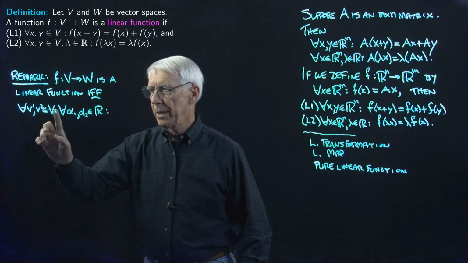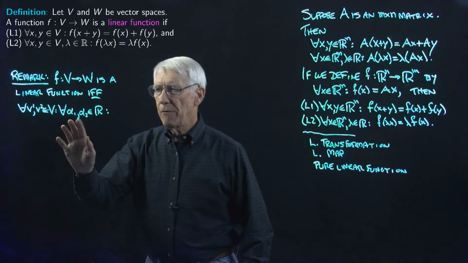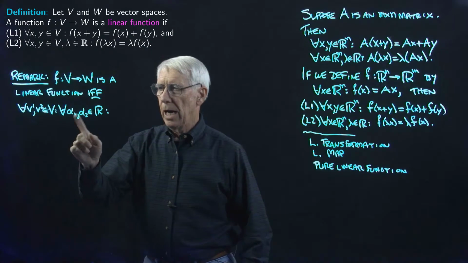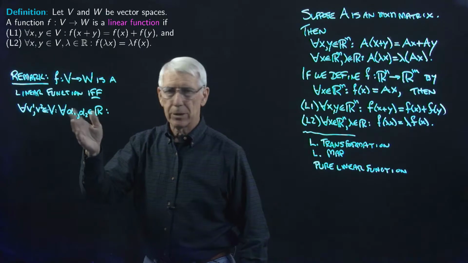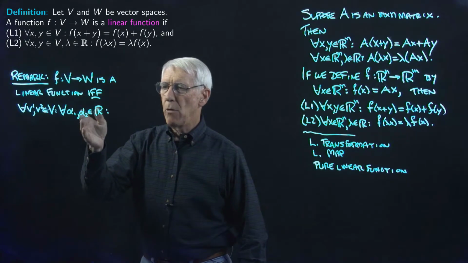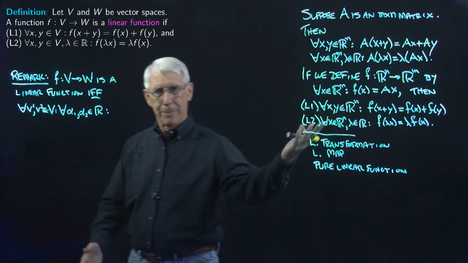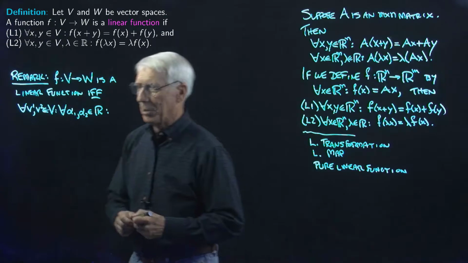So v super 1 is a vector in V, v super 2 is a vector in V. And I'm using alpha 1 and alpha 2 because I want to have scalars with, in this case, subscripts, because there's no issue of them being vectors or components. And again, I may want to use more than 2. I could have used lambda 1 and lambda 2, but I'm going to use alpha 1 and alpha 2 for a reason that'll become a little clear.